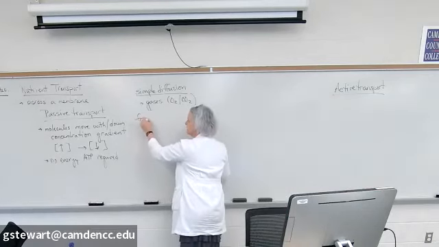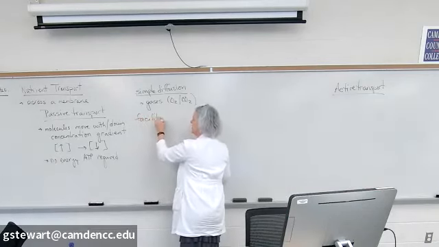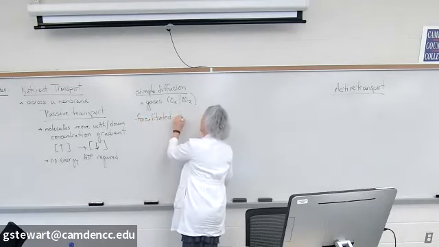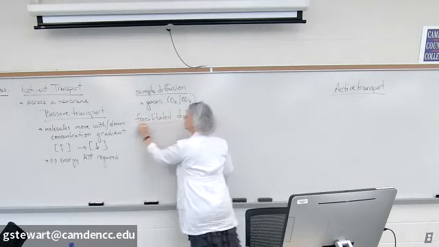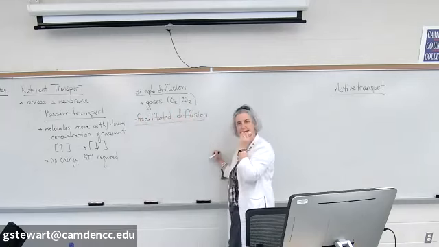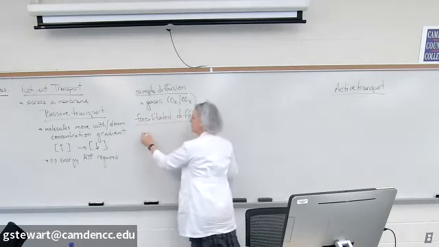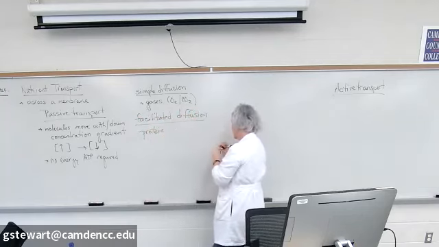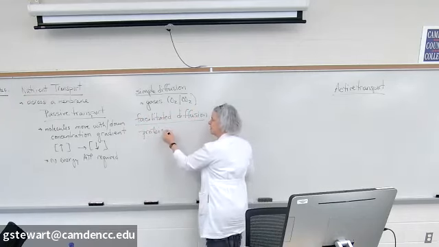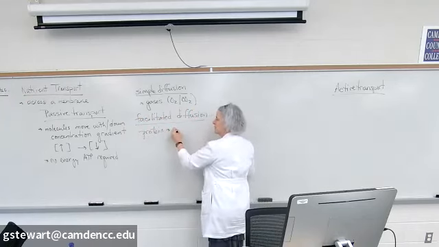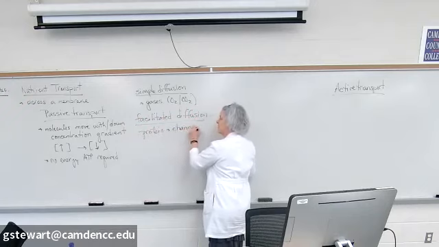If I say facilitated diffusion, what's necessary for facilitated diffusion? Yep, of course, you've got to have some sort of a protein. It's a transmembrane protein, or a protein that goes through the membrane, an integral membrane protein, right? So it's usually shaped like a channel.